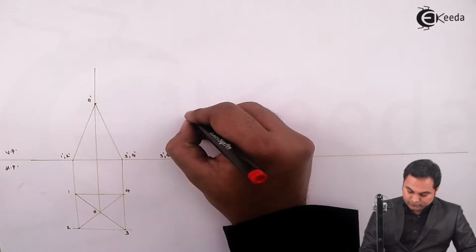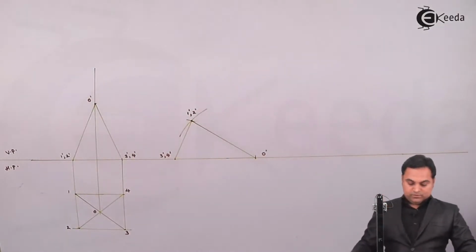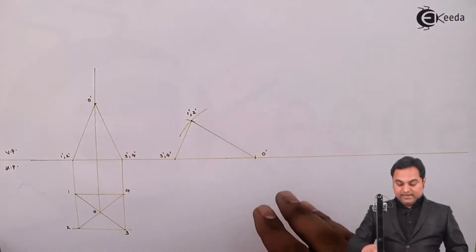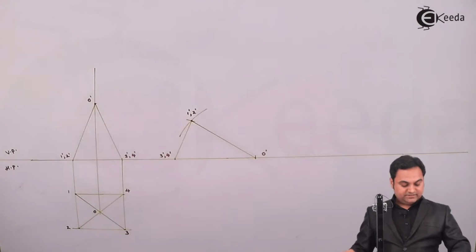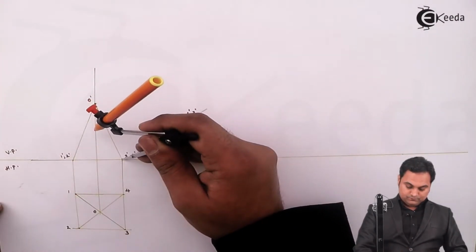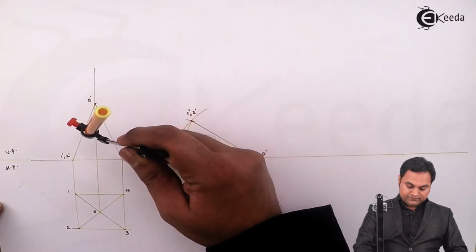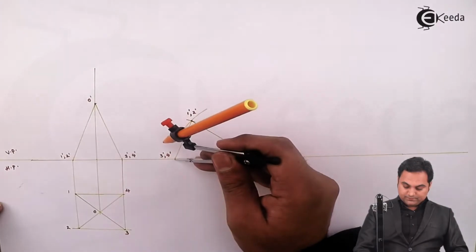So we have 1 dash and 2 dash. Now here I have tilted this pyramid and I'll mark the axis as well, from 3 dash 4 dash to the center.